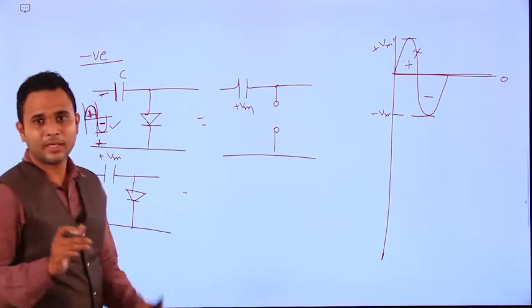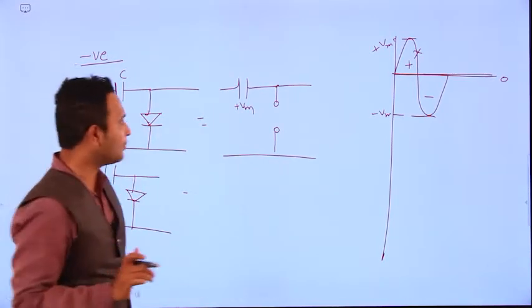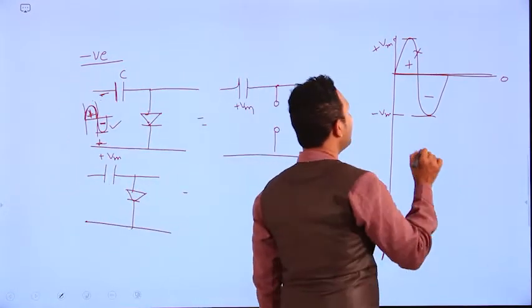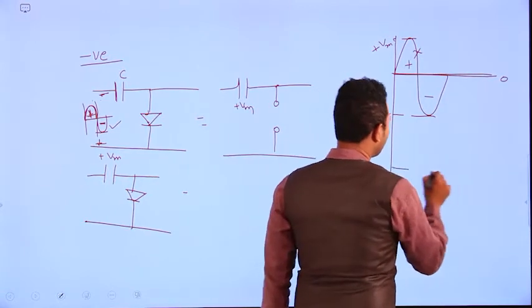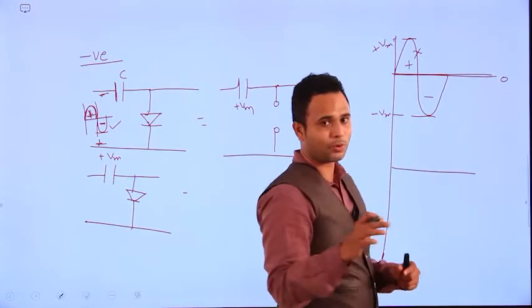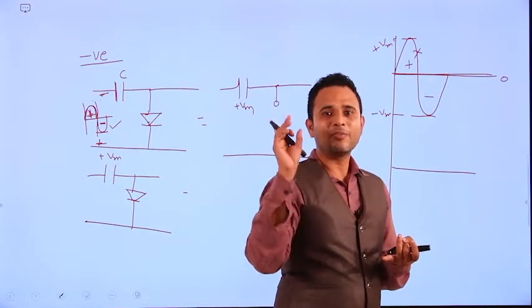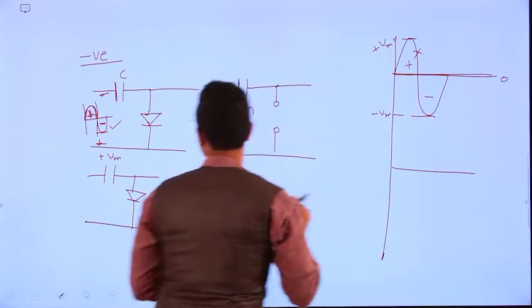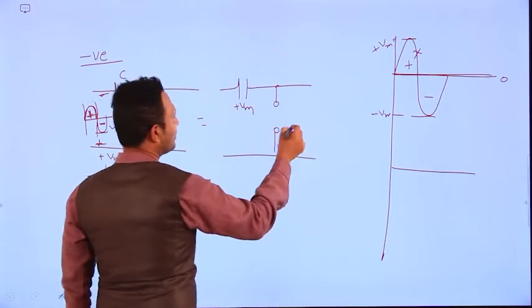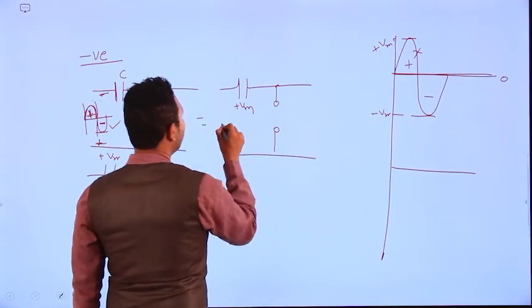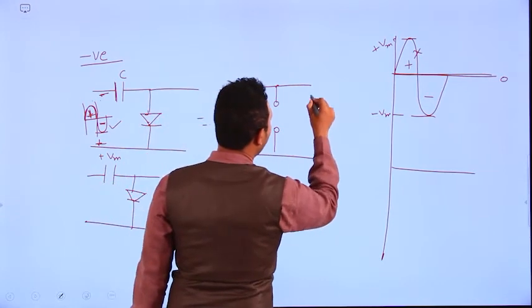Both voltages are adding. What is the capacitor discharge voltage? The capacitor voltage is Vm, and again we have the minus Vm, because the circuit is open and this minus Vm comes directly to the output side.